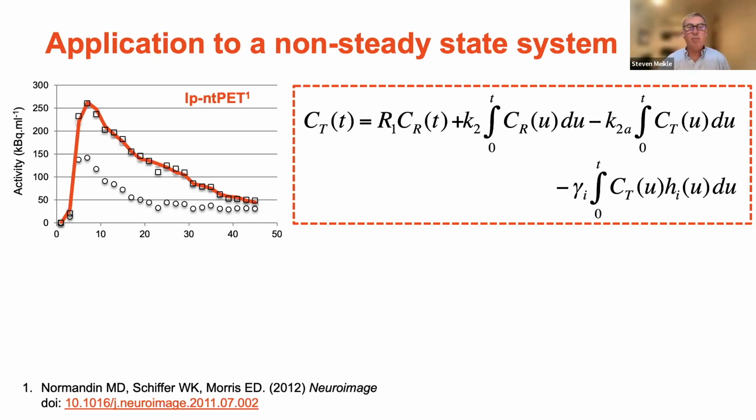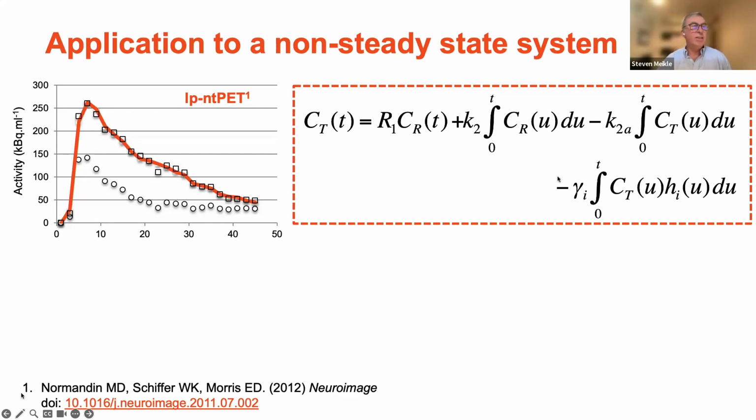So how do we apply this to the problem that Evan very eloquently outlined? Well, here is the now well-known vintage LPNT PET model. So we've got our data on the left with a model fit using the basis function fitting method. And this is our linearized operational equation on the right.